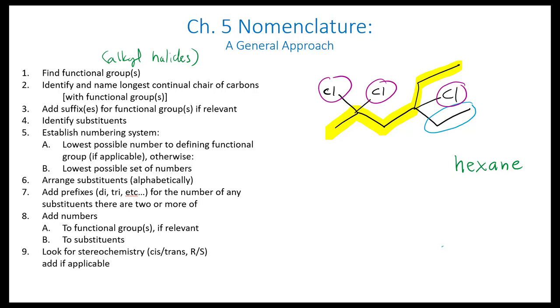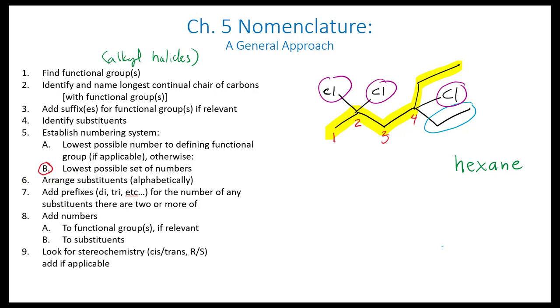We just want the overall lowest set of numbers, which if we number from left to right would be 2, 2, 4, 4. And so that's going to be better than the alternative, which would be 3, 3, 5, 5. So we're establishing just the overall lowest set of numbers. The next thing that we'll do is to arrange our substituents alphabetically.